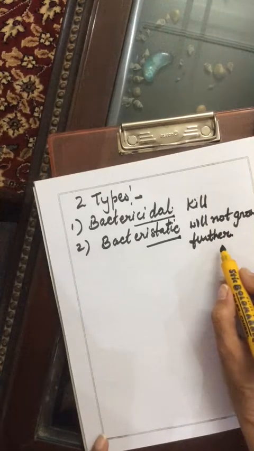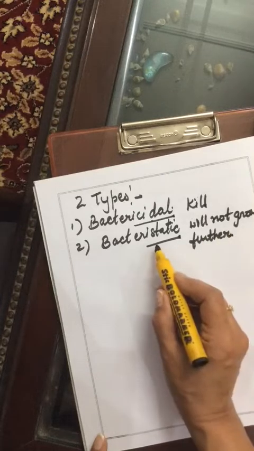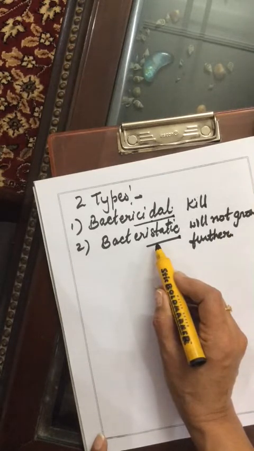Like last time I told you, when the microorganisms grow in a body and reach some number, only then will the body show the symptoms of that particular disease. If they do not grow to that number, they remain in the body, but the body will not show the symptoms of that disease. So these kinds of antibiotics are called bacteriostatic.